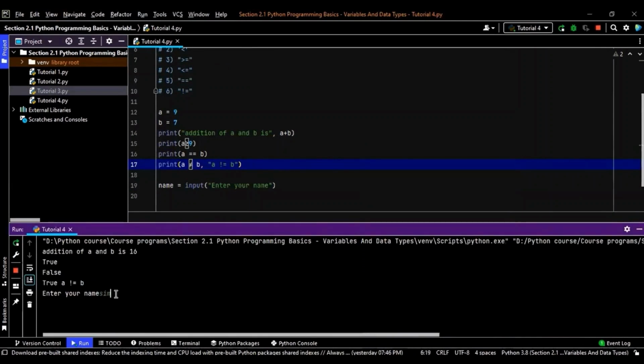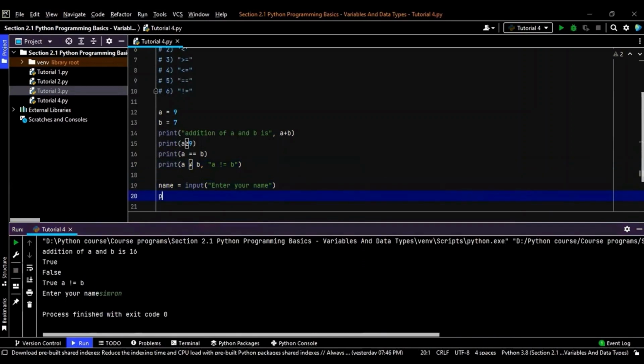Let's say I'm writing Simran and I press enter. You see, this is a little different than normal. This is basically the input which I have given, but I don't see anything. It's just ended.